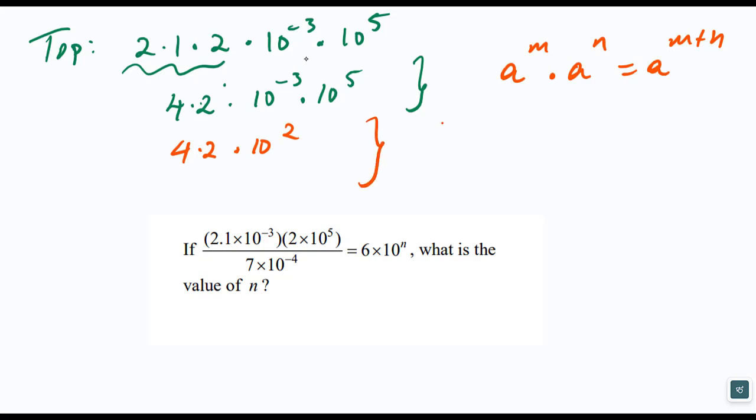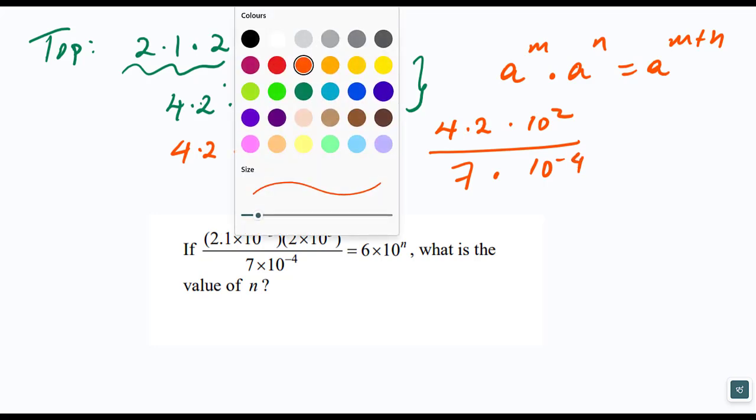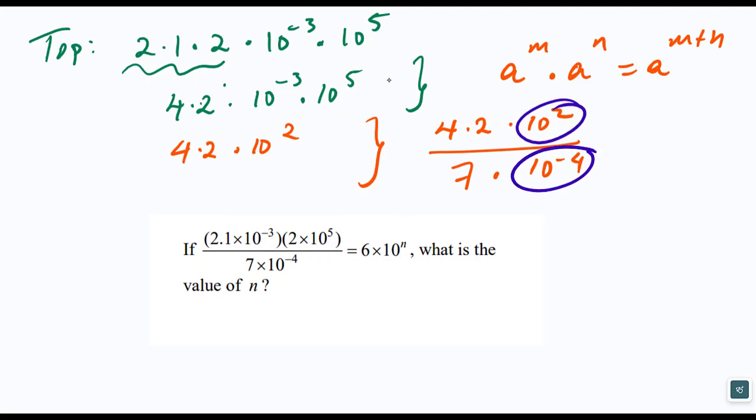So with my top now, I'm going to have 4.2 times 10 to 2 divided by 7 times 10 to negative 4. So what I'm going to do, firstly, these two, I'm going to use the law of exponents again. I'm going to use a to m divided by a to n. I know this is going to be a to m minus n.